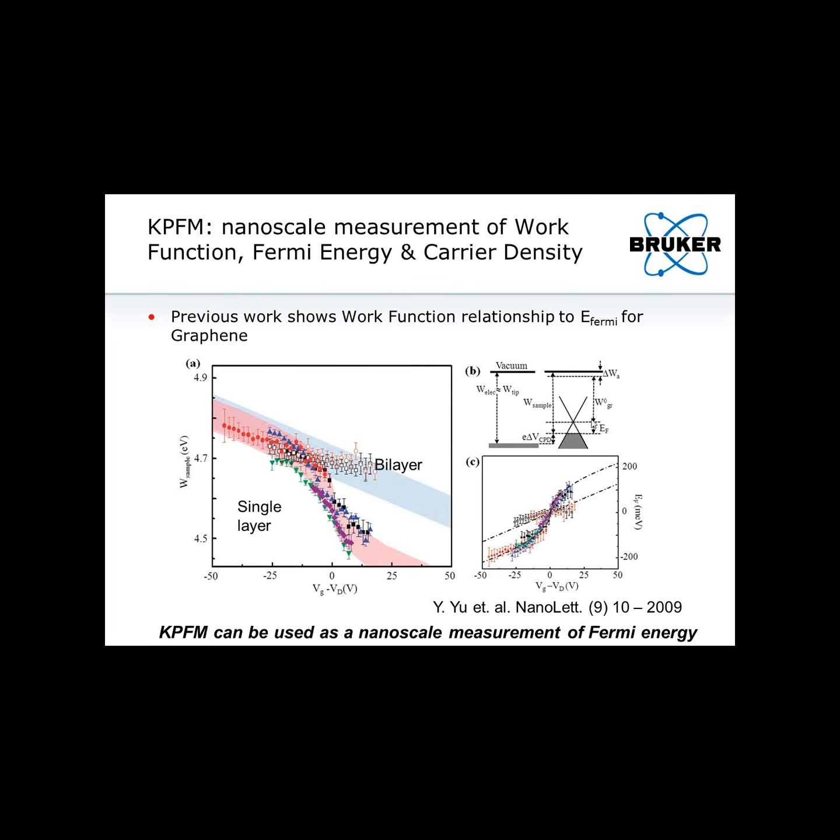And their reasoning was basically as follows. It's summarized in this diagram. By measuring the work function difference between the tip and sample, they argue that they're measuring this energy difference right here that I'm pointing to.